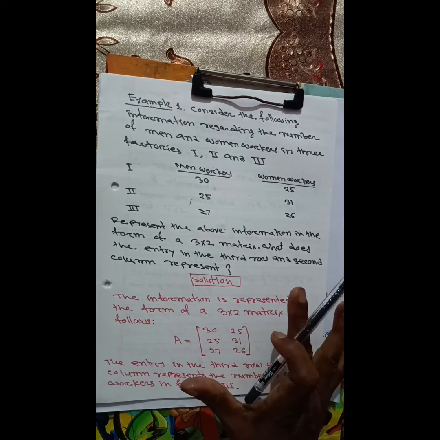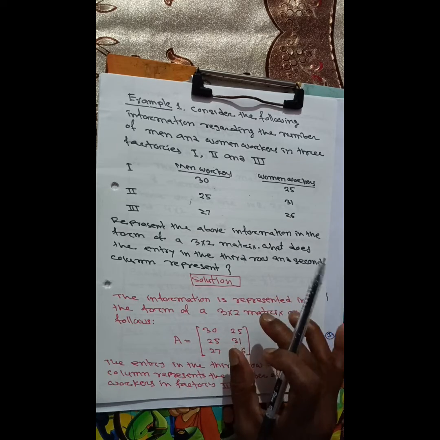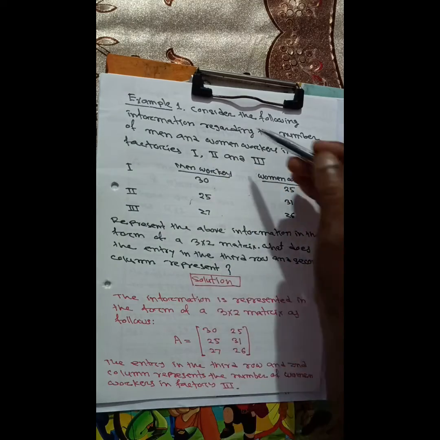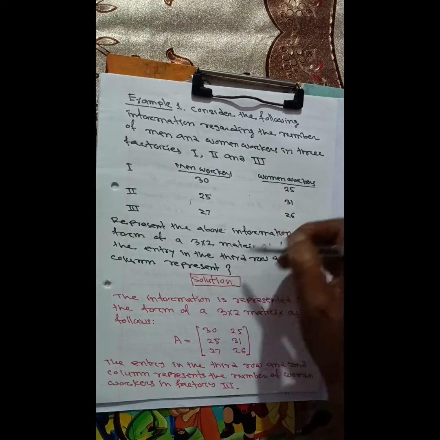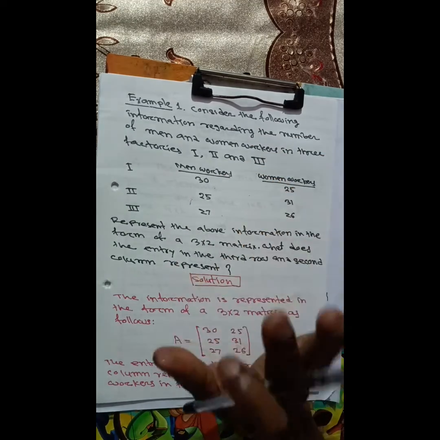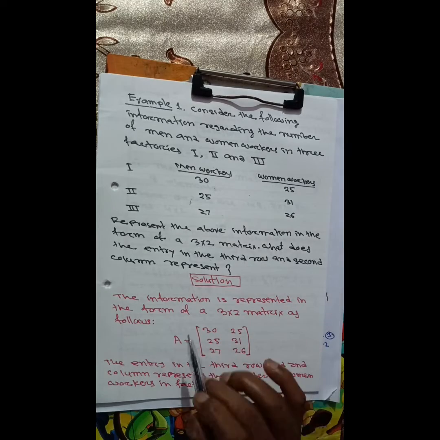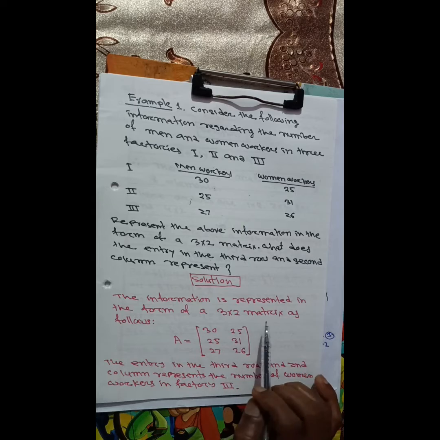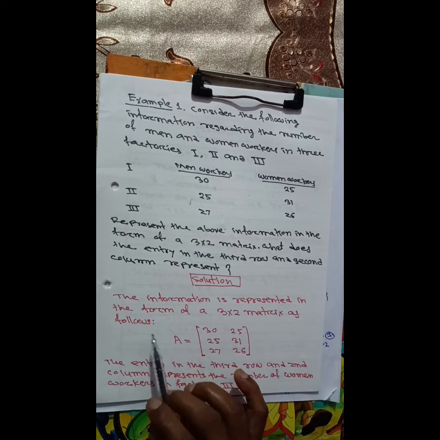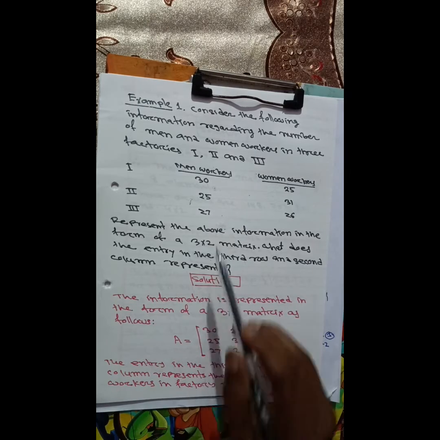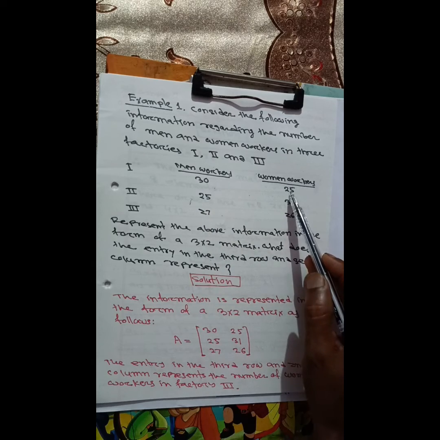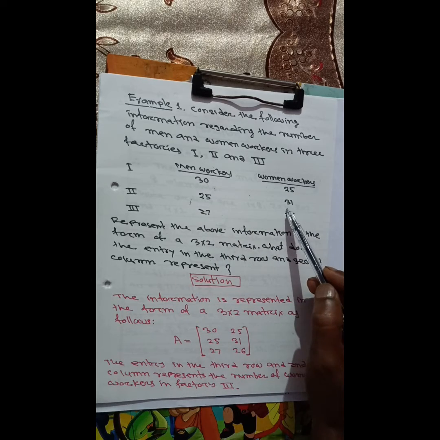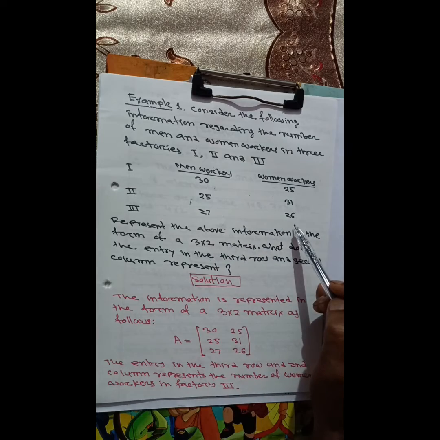In the solution, this information can be expressed in matrix form. The information is represented in the form of a 3 into 2 matrix as given below. A equal to 30, 25, 25, 31, 27 and 36.